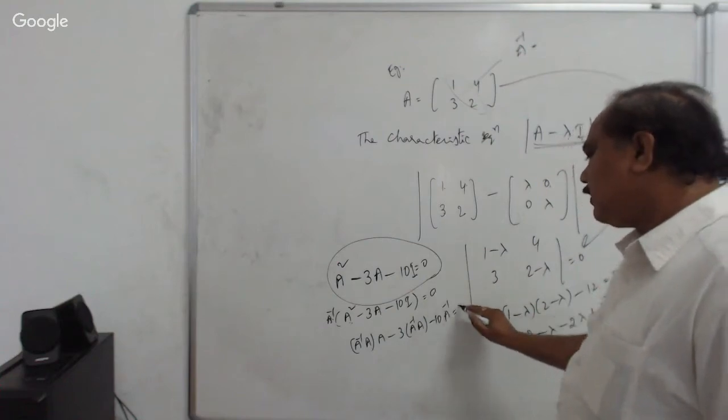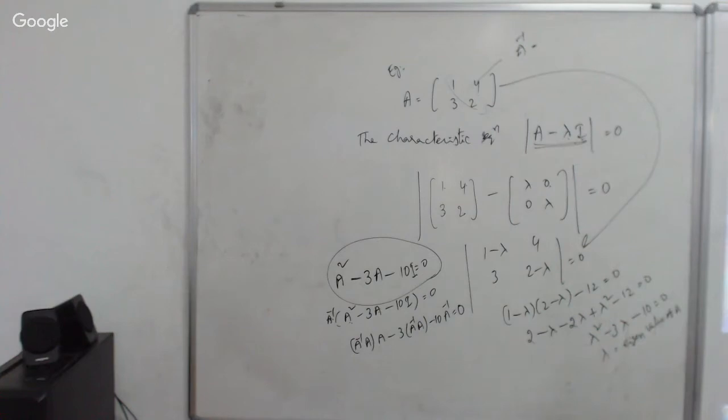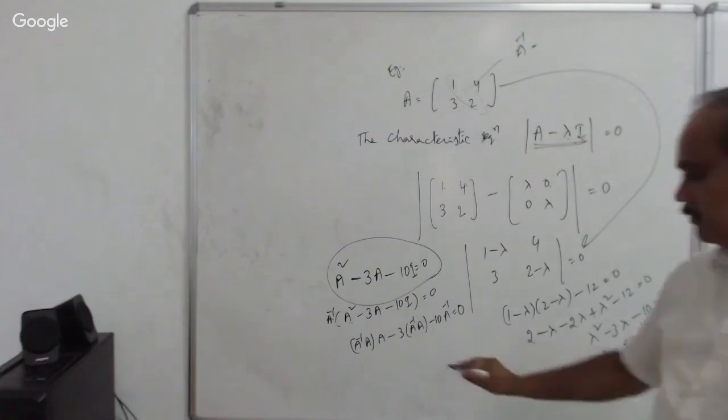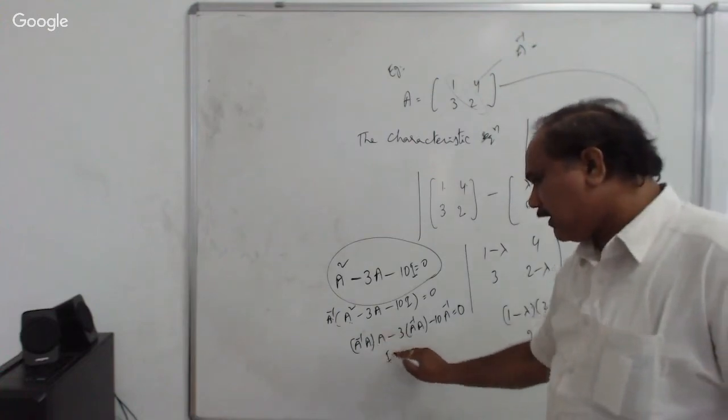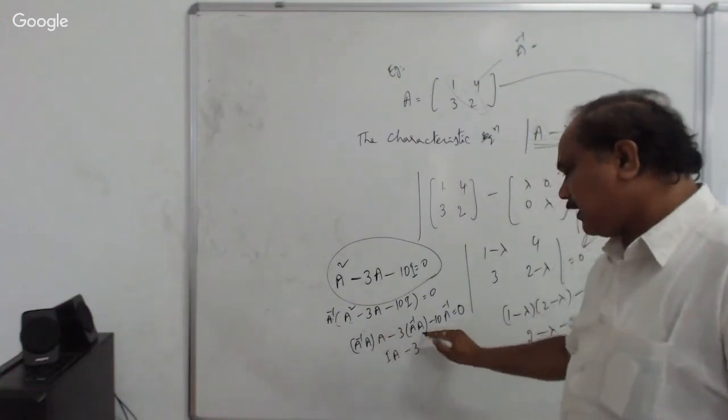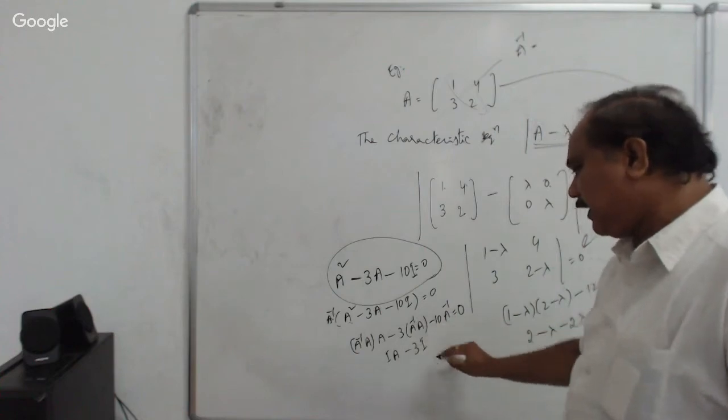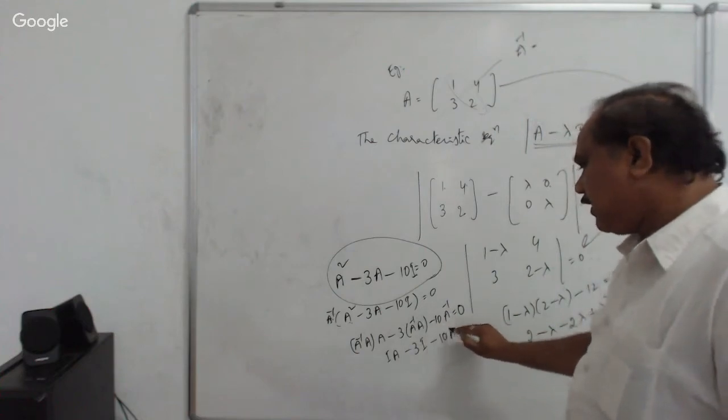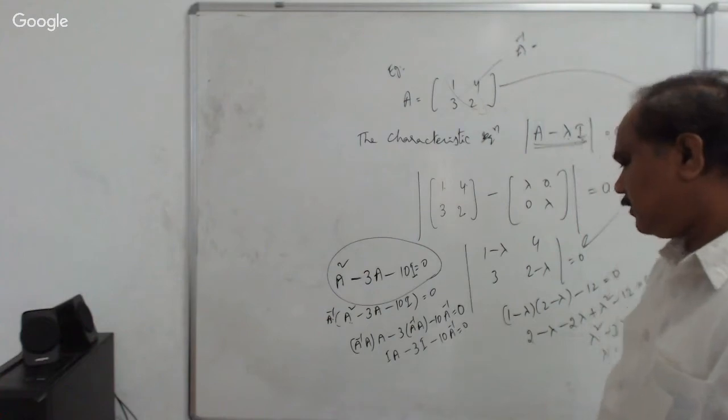Equal to A inverse times 0, which is 0. Now it is A minus 3 times I, minus 10 times A inverse equal to 0.